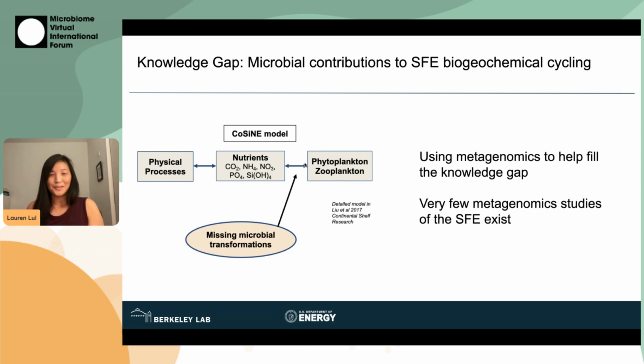We don't know which species are transforming the different elements, so the goal of this project was to use metagenomics to fill this knowledge gap. It's very surprising that in this area with so many universities there are very few metagenomic studies, and most of them are 16S studies.